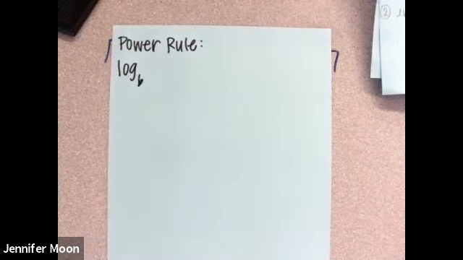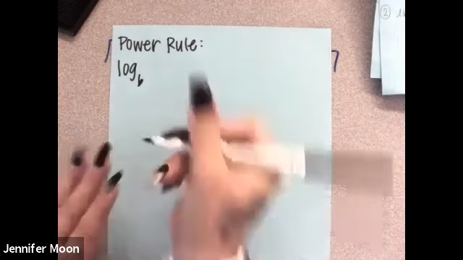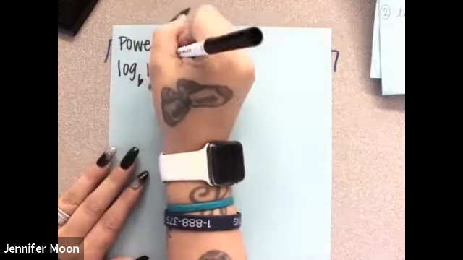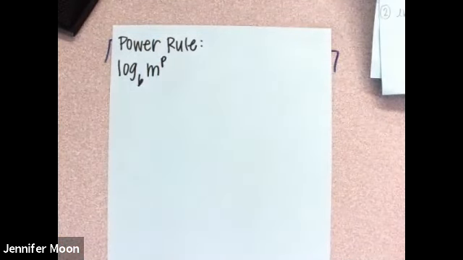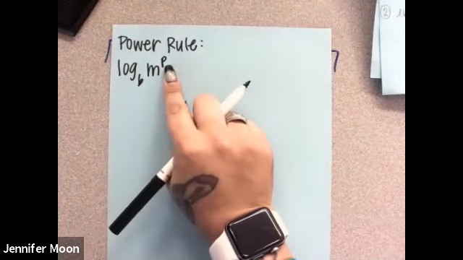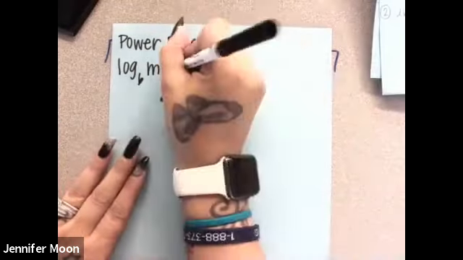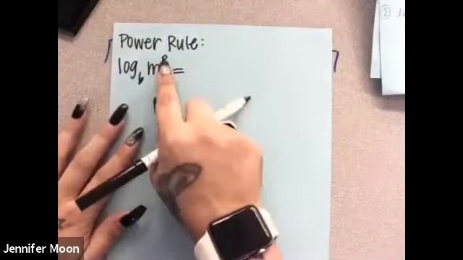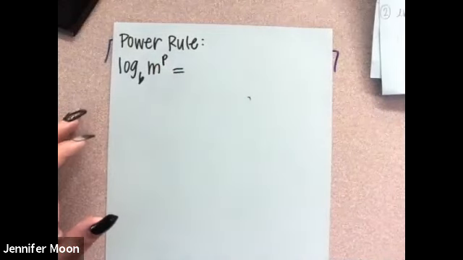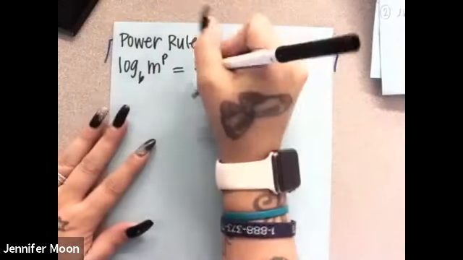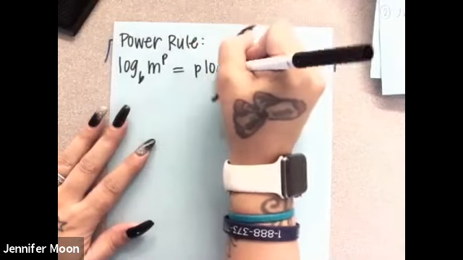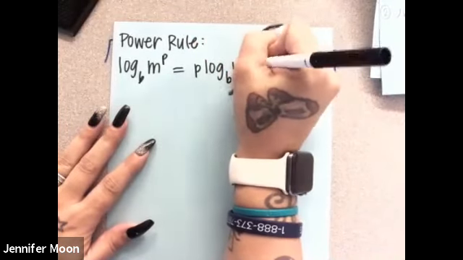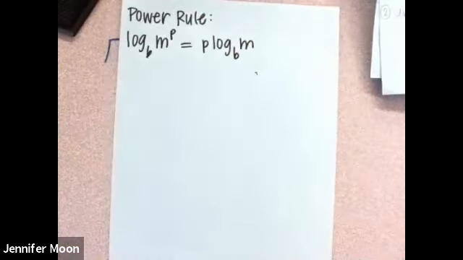My base is b. That's what b stands for, base. Log base b of m to the p. That p is a power, so I'm using a power rule. What you do is this power comes out in front and is now a coefficient. So we have p log base b of m.